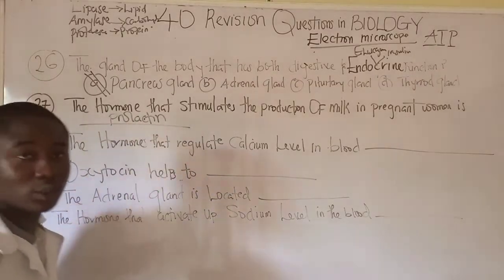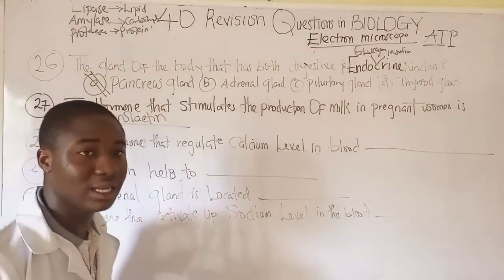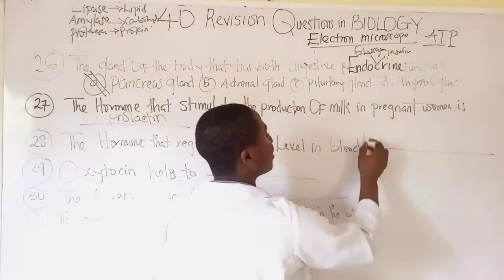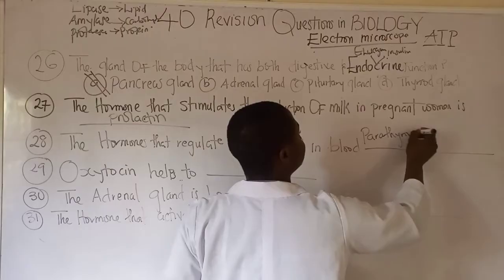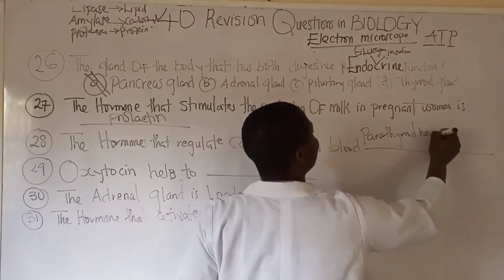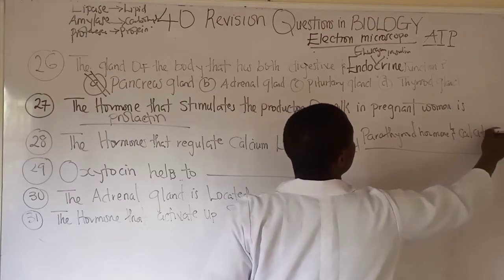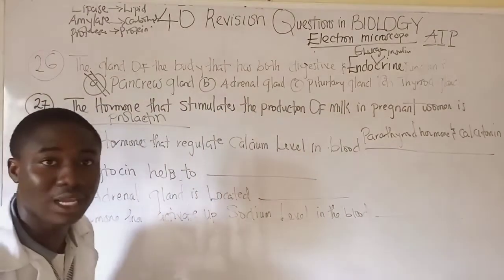Now moving over to question 28, it says the hormone that regulates calcium level in the blood. There are two hormones. We have the parathyroid hormone, and we have calcitonin. These are the two hormones that basically regulate calcium level in the blood.